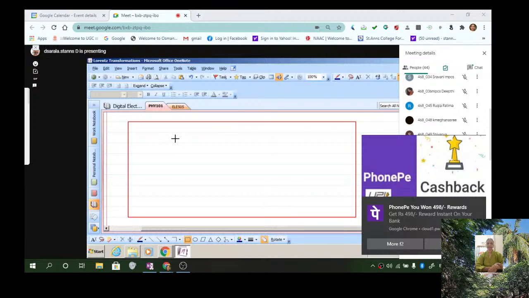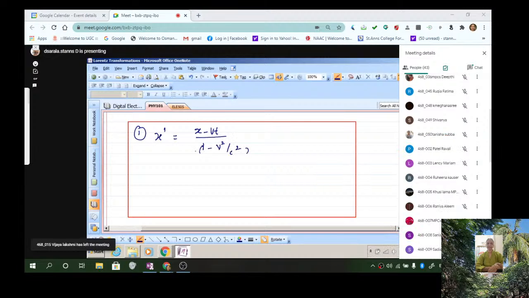First equation: x dash is equal to x minus vt by root 1 minus v square by c square. Number 1.